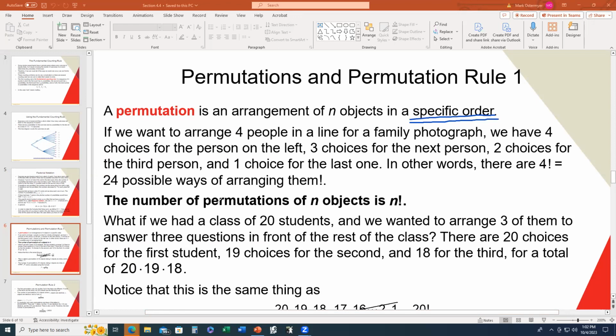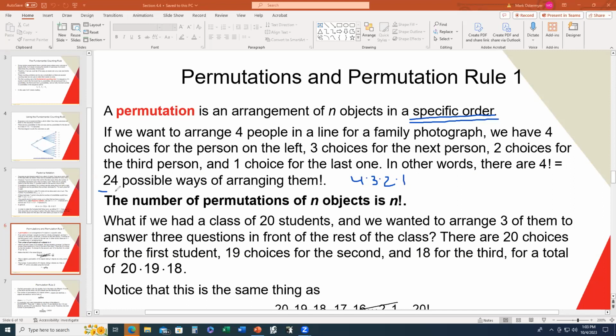Suppose we want to arrange 4 people in a line for a family photograph. We have 4 choices for the person on the left, 3 choices for the next person, 2 choices for the third person, on and on down the line to 1 choice for the last person. In other words, there are 4 factorial, or 4 times 3 times 2 times 1 ways of arranging these 4 people in line in a specific order.